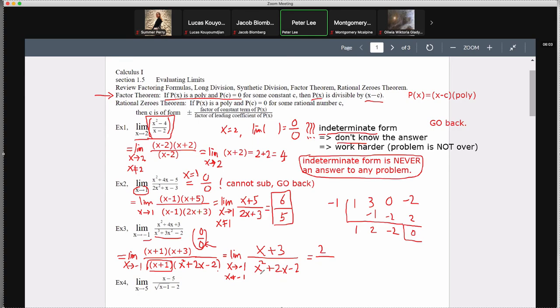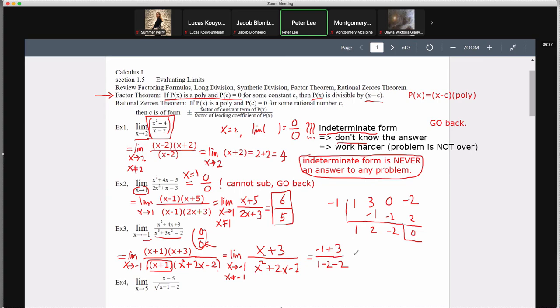And when you plug in negative 1 here, we get 1 minus 2 minus 2. Maybe I should write this as minus 1 plus 2. So how about if I erase this? Let me write minus 1 plus 2. So this is minus 1 plus 3, so when you plug it in, you get this.